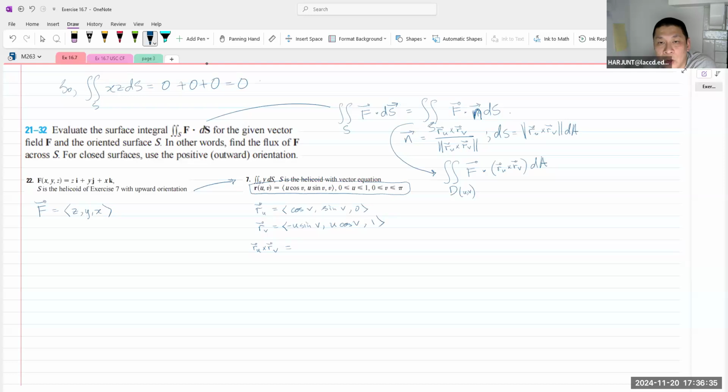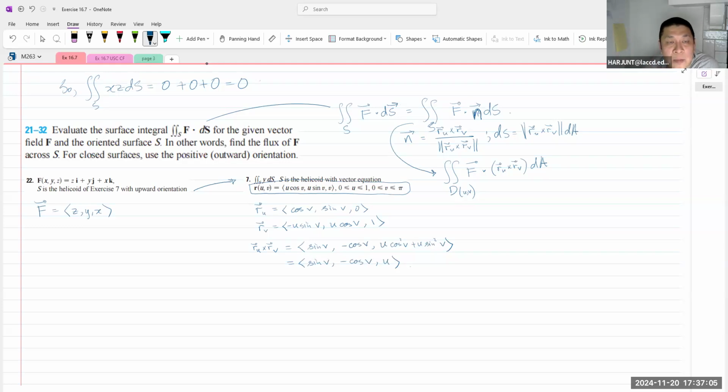So the cross product will be (sine phi, negative cosine phi, u cosine squared phi plus u sine squared phi). Oh, that's simply u. So this is (sine phi, negative cosine phi, u).